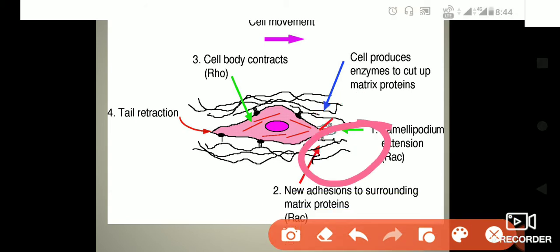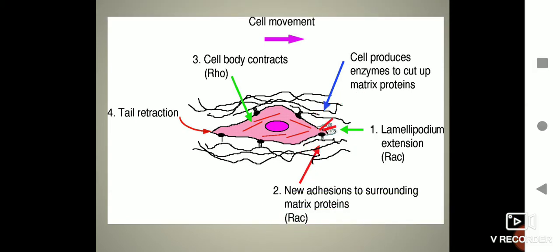The second step is binding or adhesion of the cell to the matrix protein. The third step is that from the back the body contracts to the front. It comes to the front. And the fourth step is that there will be release at the back. In the back portion, whatever attachment was there will be released.